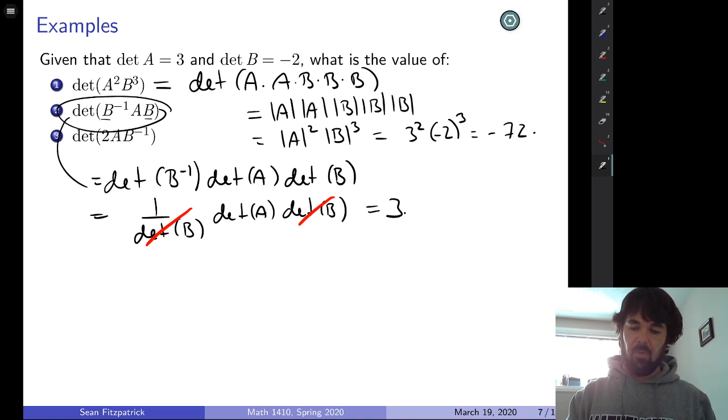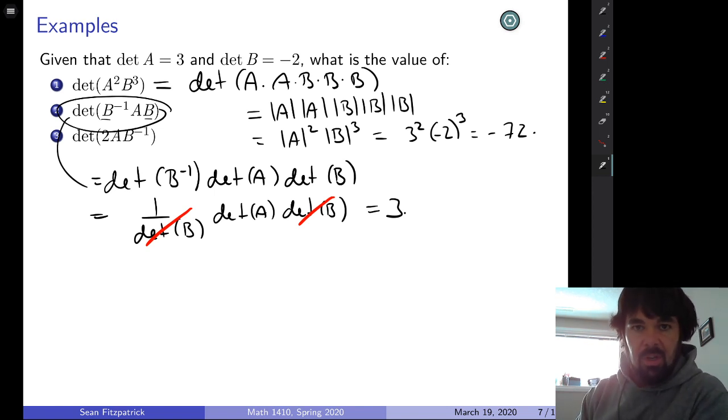This is going to be important once we move to eigenvalues and eigenvectors. There's a name for this property where you take a matrix and multiply on either side by some other matrix and its inverse. We say that this new matrix, B inverse times A times B, is similar to the matrix A. Essentially this shows that two similar matrices have the same determinant.